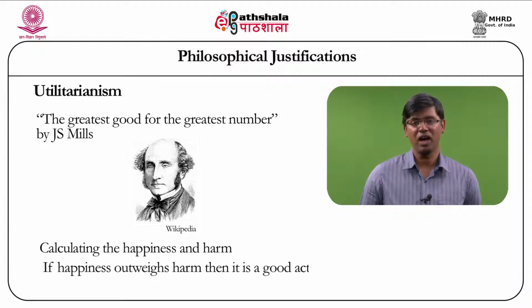But if the harm outweighs the happiness, then such an act should be discarded because it is a bad act. So, as far as Mill's utilitarian theory is concerned, if it results in the maximum happiness of the maximum number of people, then such an act would be good, right?